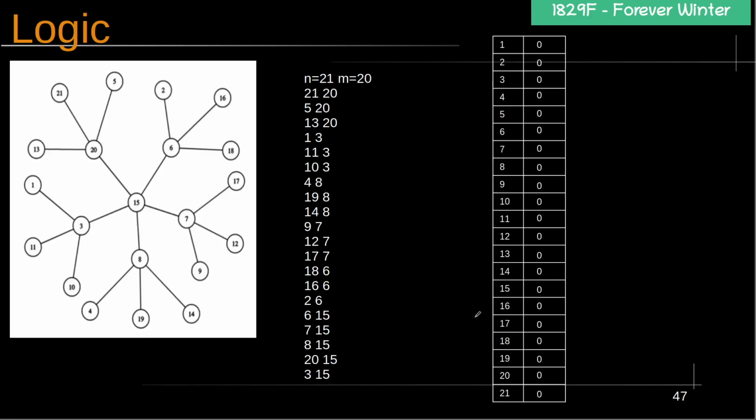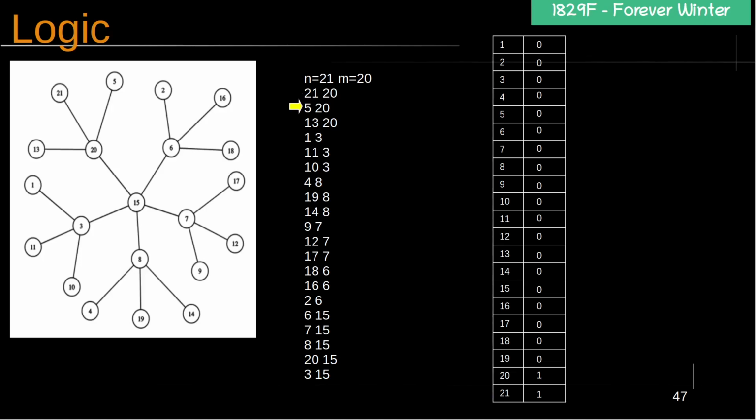Let's take another example to understand how it works. If you have this graph representation, first we have to compute the degree of each vertex. For example, here, if we are at the edge 21, 20, which means the vertex 21 and the vertex 20, we go to the map, we add 1 to 21 and we add 1 to 20.